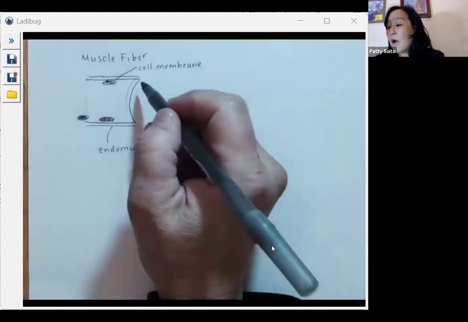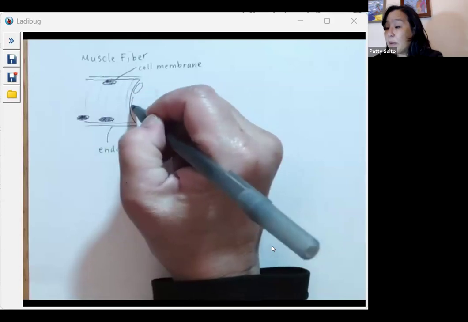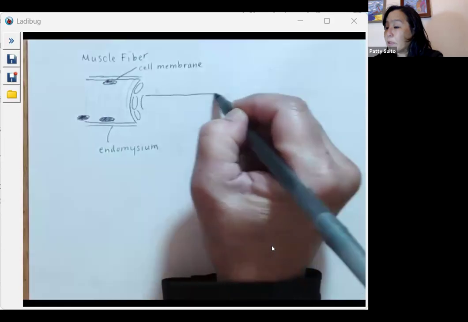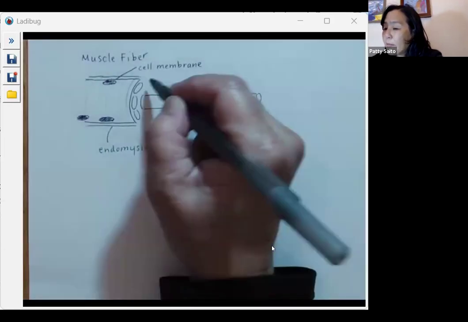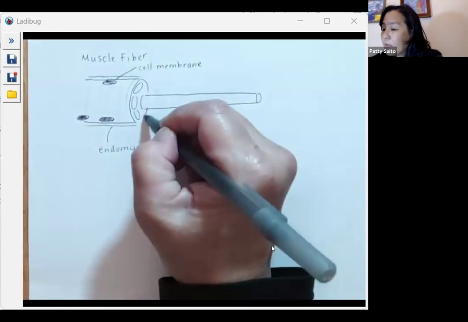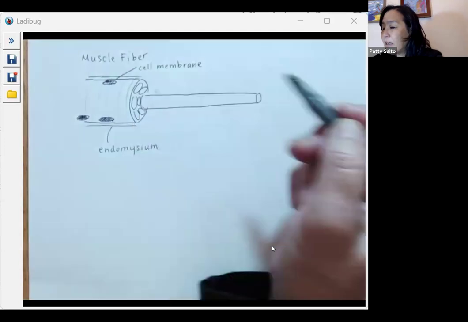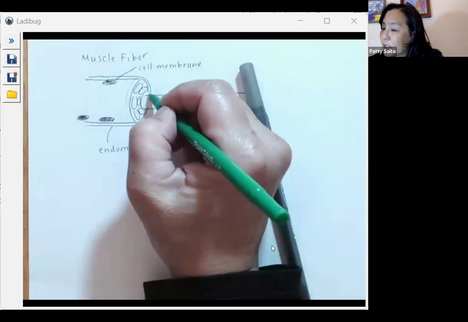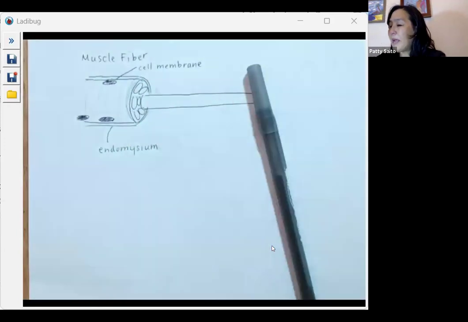All right. Now, remember that the muscle fiber is made up of these individual myofibrils. And so we have a bunch of myofibrils in here. Okay. And remember, surrounded by the endomysium, just connective tissue surrounding it. Okay.